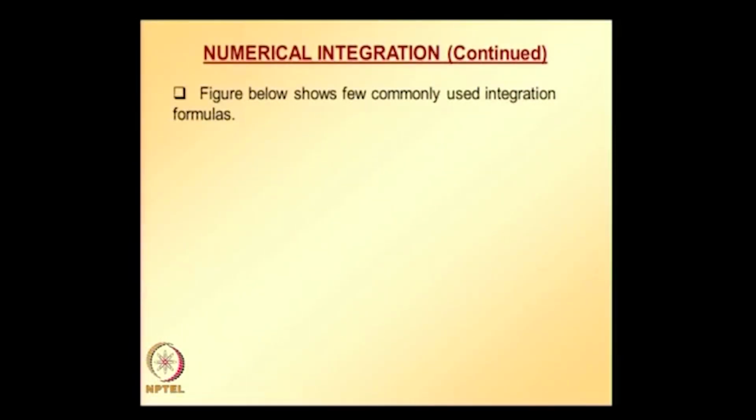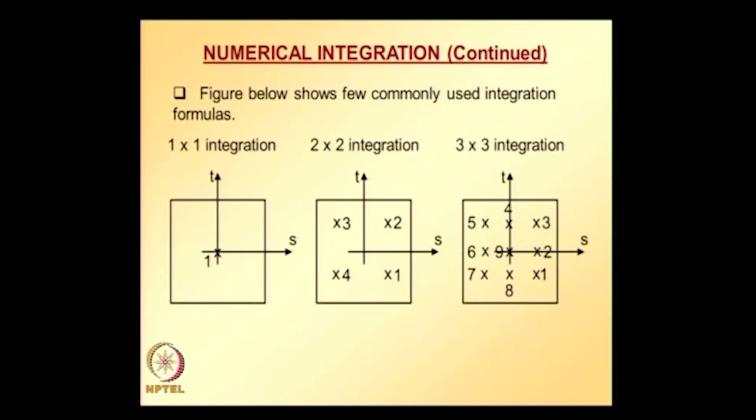So, now let us see what is meant by 1 by 1 integration, 2 by 2 integration, 3 by 3 integration. The figure below shows a few commonly used integration formulas. If it is 1 by 1 integration, there is 1 point along the s direction and 1 point along the t direction. If it is 2 by 2 integration, 2 points along the s direction, 2 points along the t direction.